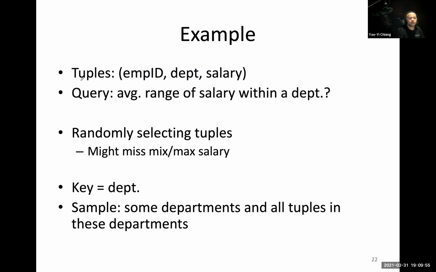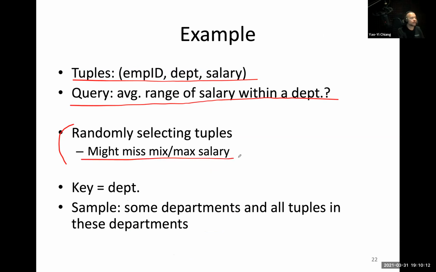So for example, let's say your tuples have employee ID, department, and salary. Your query is the average range of salary within a department. If you randomly select tuples, you're going to mix some salaries from some departments, right? You're going to mix departments together.